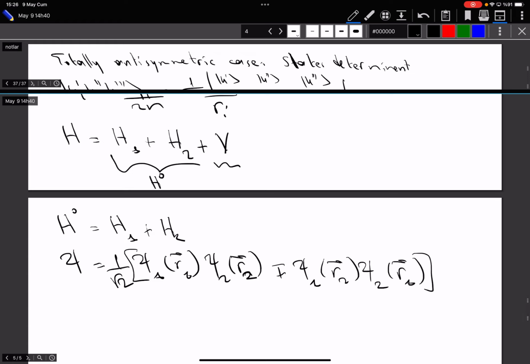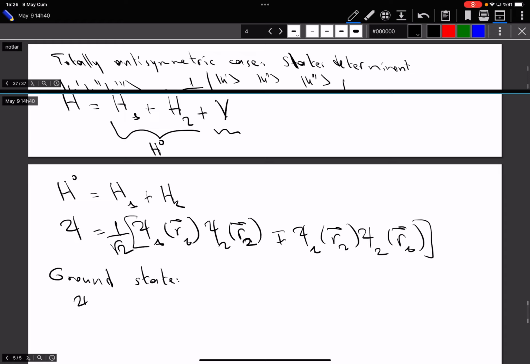Okay, let's start with the ground state. Then this psi_i of R_i will actually be just, let's say, psi 1, 0, 0.